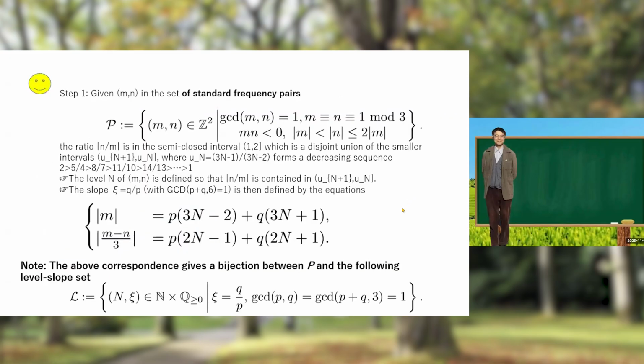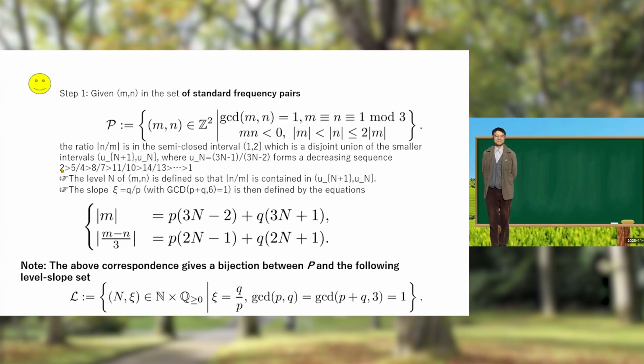Then we obtain from this standard frequency pair, we first consider the, okay, so level. What is level? We divide the interval 1 to infinity into semi-closed intervals and decompose this interval by the decreasing sequence of rationals, (3n minus 1) over (3n minus 2).